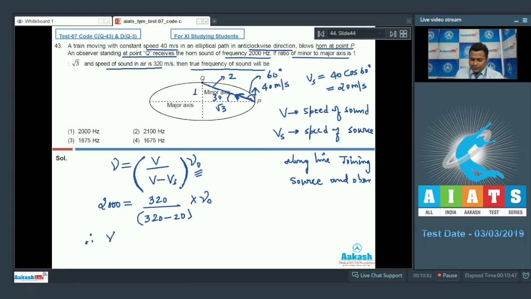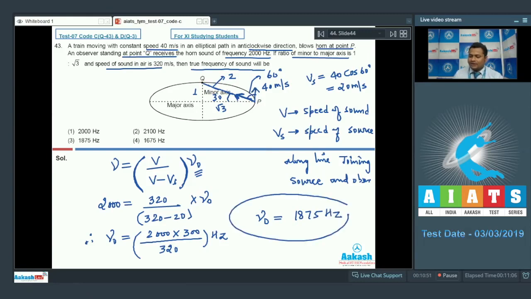Therefore nu naught will be 2000 multiplied by 300 divided by 320 Hertz. After solving, we will get the value of nu naught as 1875 Hertz. And after looking at the options, we can say that option number 3 is absolutely correct. So we will go with option number 3.